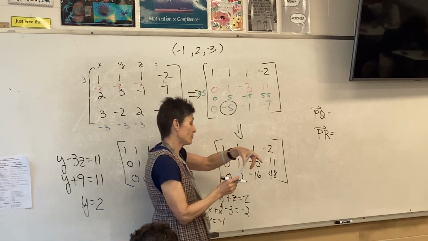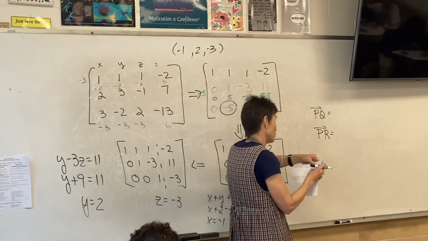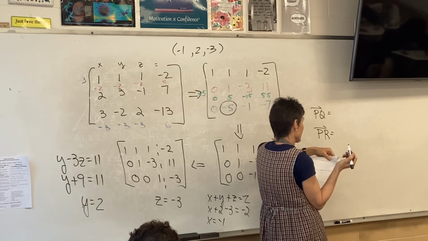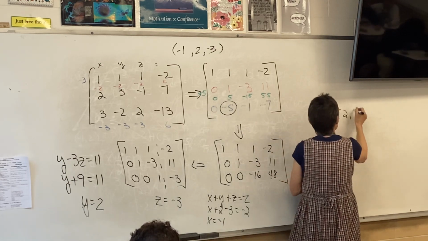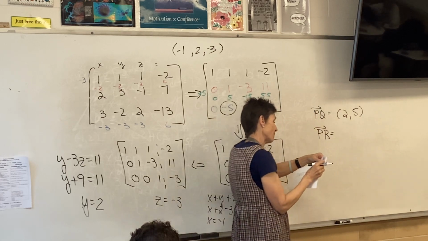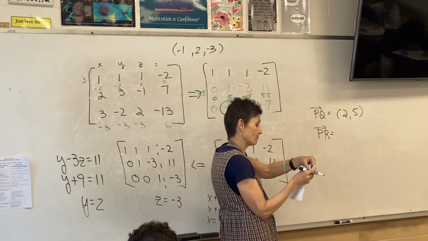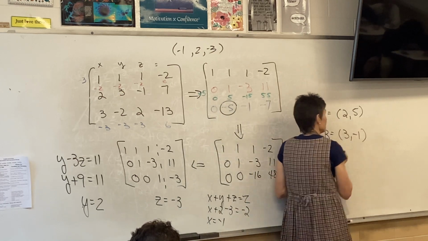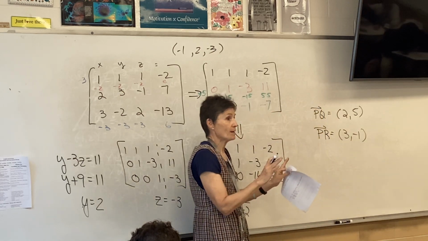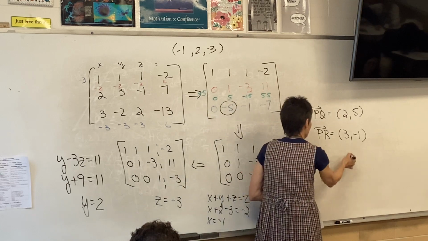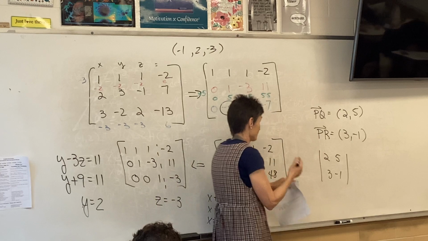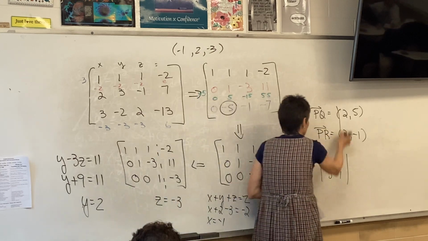All right, so what are the coordinates of PQ? You gotta get this right. PQ is 2, 5. What are the coordinates of PR? 3, -1. And that's all you gotta do now. Make a determinant out of those guys. Don't change a thing, just do this.